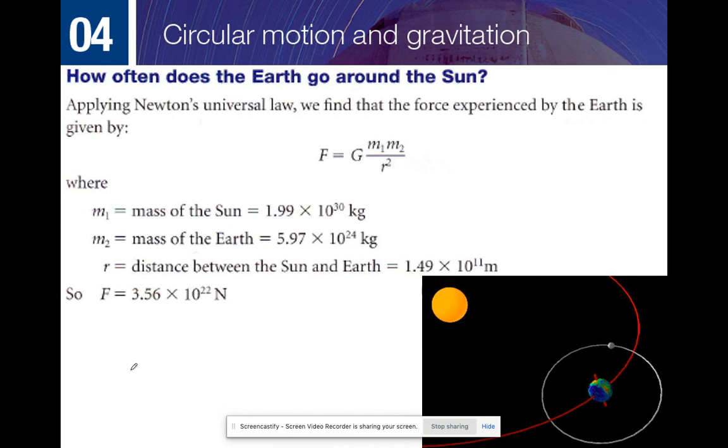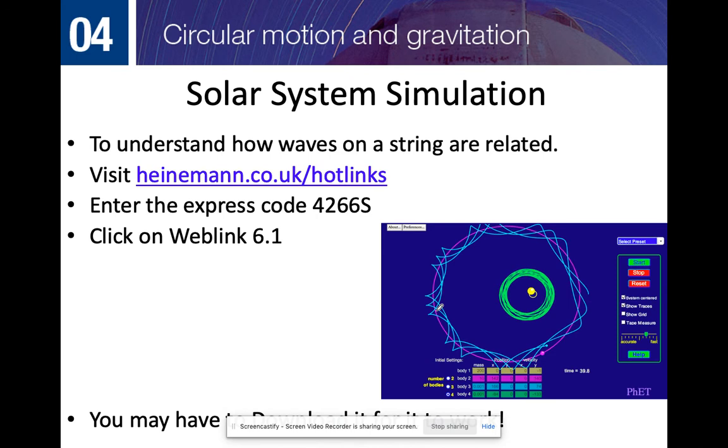All right. So again, if you have the sun, and you have the Earth, and you have the radius between them, you plug and chug those into this equation using that G, that 6.67 times 10 to the negative 11th, and you get the amount of force the planet Earth feels from the sun. We're not going to do this simulation.